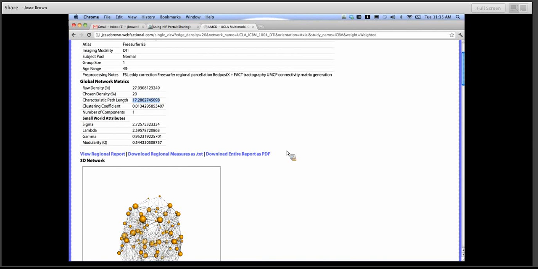It's just the raw connection strengths that they've detected. In the matrix that I uploaded, only 27% of the regions connected to each other. The remaining 70% had no connection strength between them.